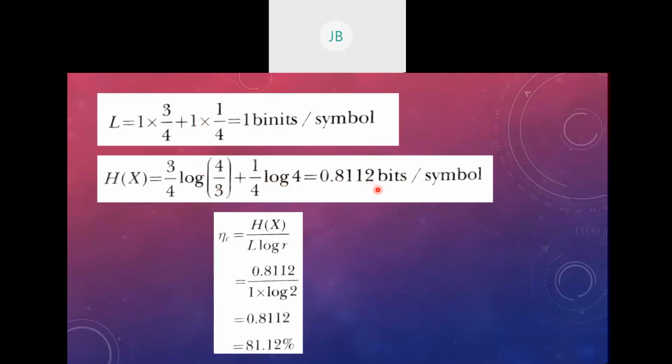Then we find the coding efficiency. This is H of X divided by L. H of X is 0.812 and L is 1. So the coding efficiency comes to 81%. You notice that 81% is less than 85%, which was the requirement.